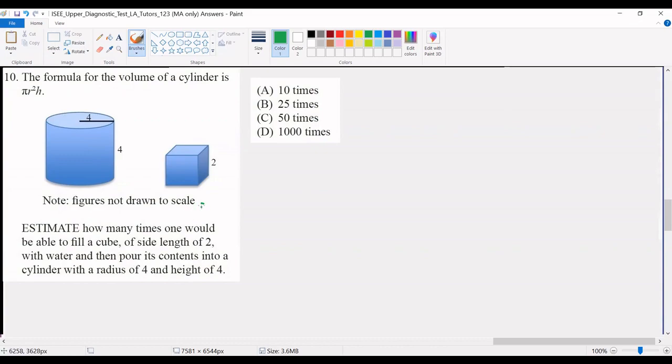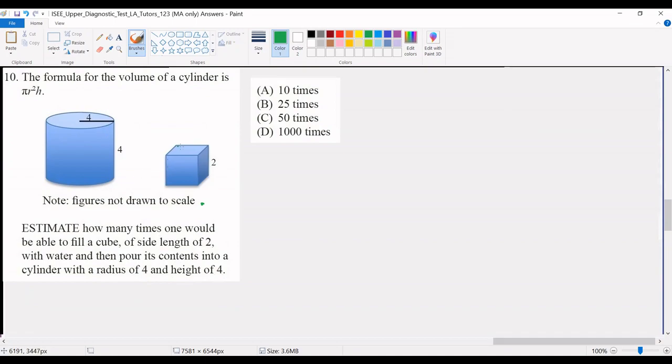Don't expect our figures to be drawn to scale. Continuing, estimate how many times one would be able to fill a cube of side length 2 with water and then pour its content into a cylinder with a radius of 4 and height 4.